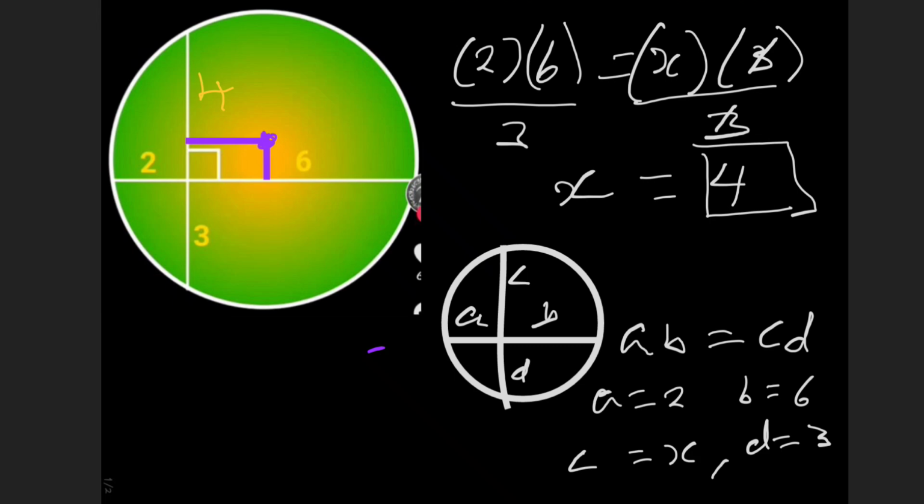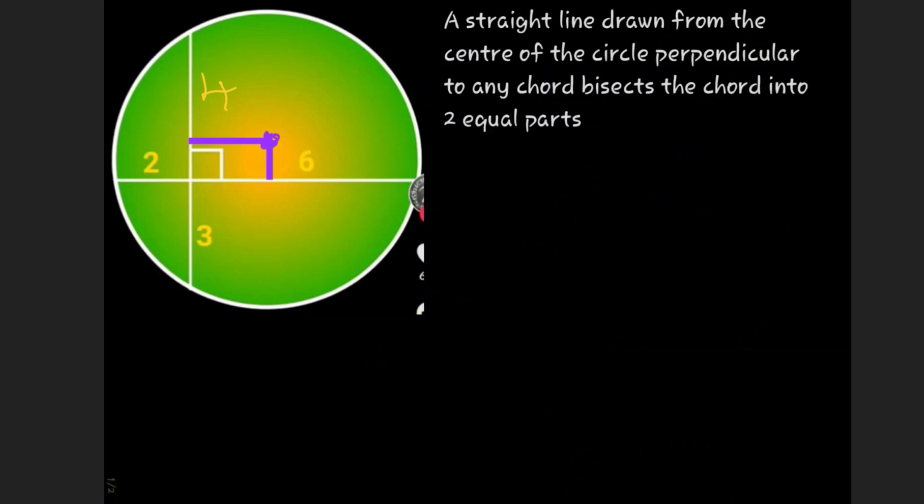These two lines bisect the chord into 2. A straight line drawn from the center of the circle bisects the chord into 2 equal parts. Now this chord has 2 here and 6 here. The total length of the chord is 8.